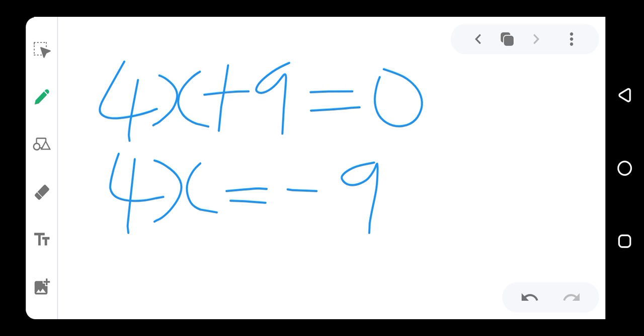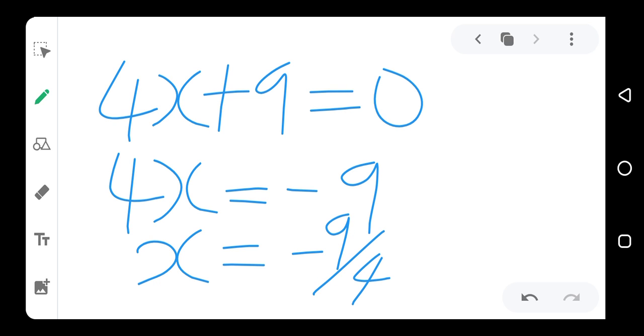And then x is equal to -9/4. x is equal to minus 9 over 4. This is the value of x for which the fraction there is equal to 0. So this is how to get the 0 of a fraction.